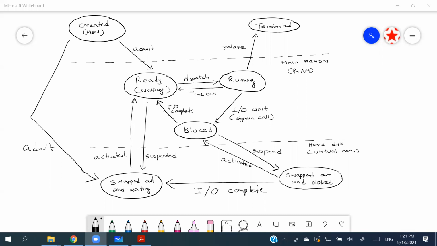Now you should have this thought. Who is helping? Is it only the operating system that is involved in these things, or is anyone else helping to do this? There are other programs which help the operating system to do this task. What task?